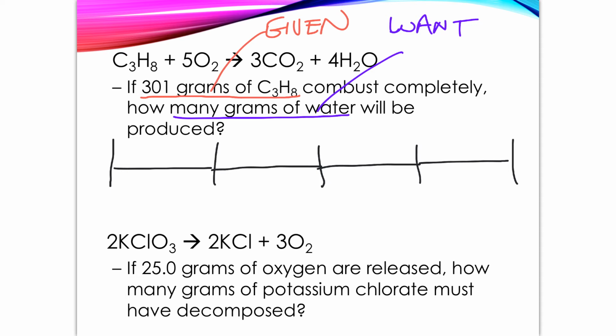So we're going to write 301 grams of C3H8, and that goes over 1. And then it's 1 mole of C3H8. And then what do we have to use there?